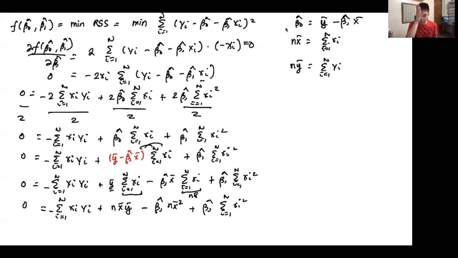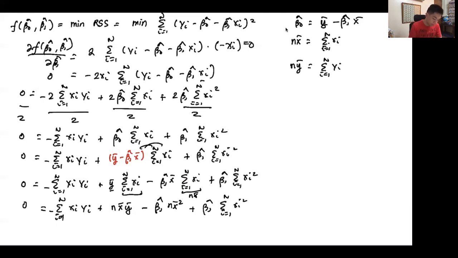What we do now is all the terms with beta 1, we put on one side. So for example, let me transpose this one. So that's beta 1 hat n x bar squared. Let me just make the transpose easier.